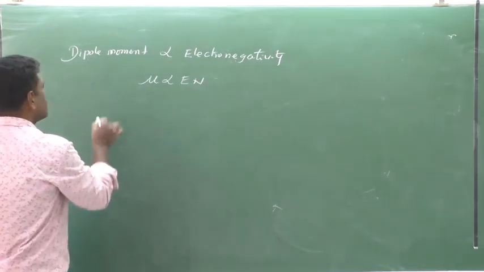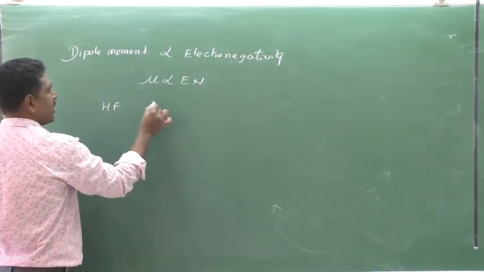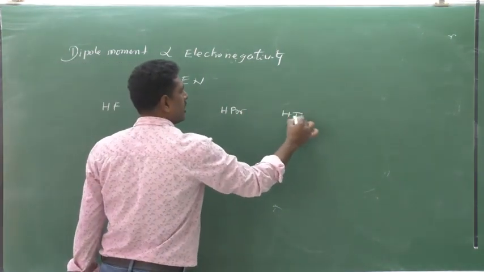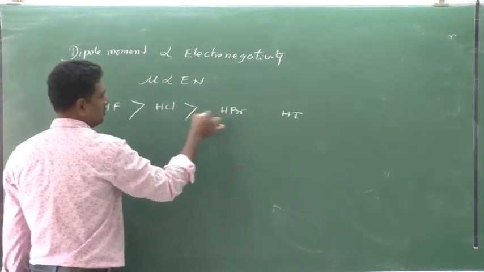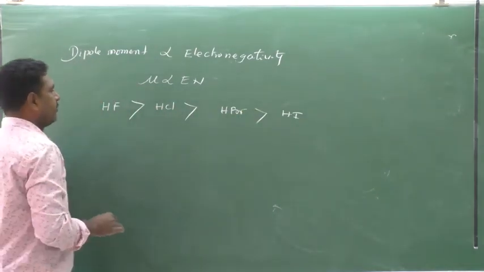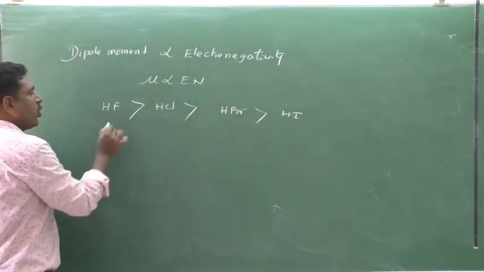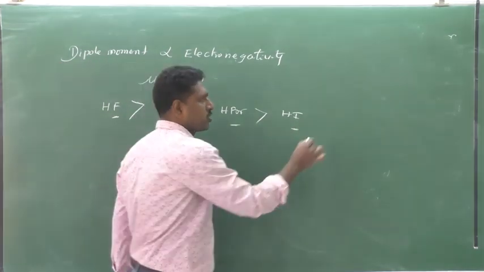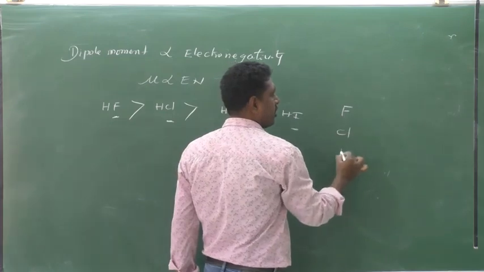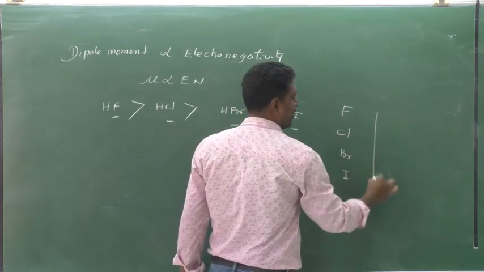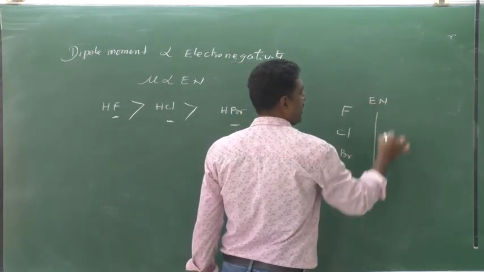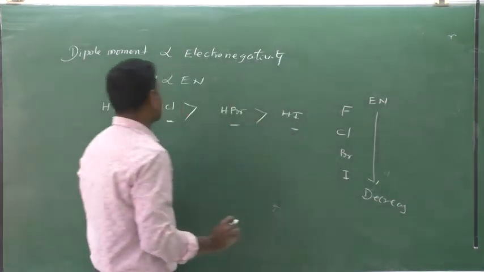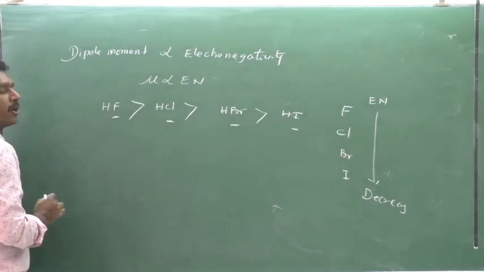I will take one example: HF, HCl, HBr, HI. Here, the electronegativity of chlorine, bromine, iodine gradually decreases. Therefore, which one has more dipole moment?